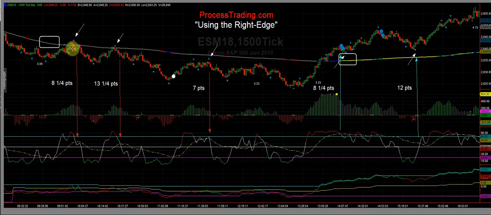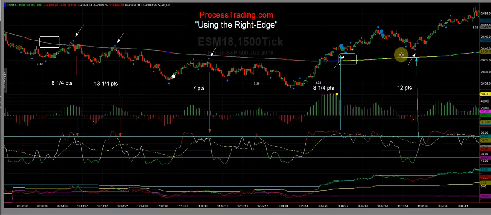So on this timing alert dot here, you would have placed your trade 2 points below that. Same here, same here.